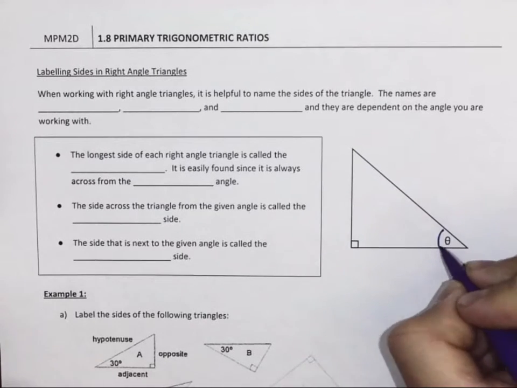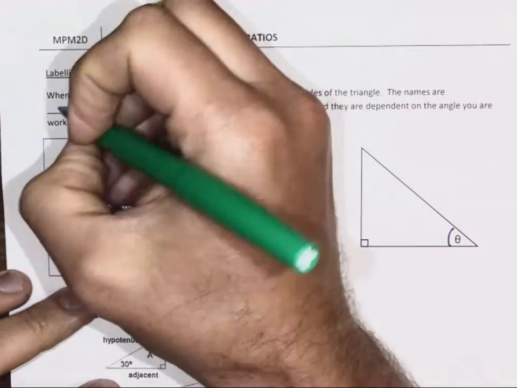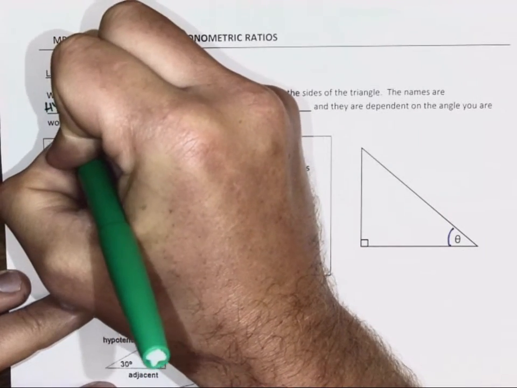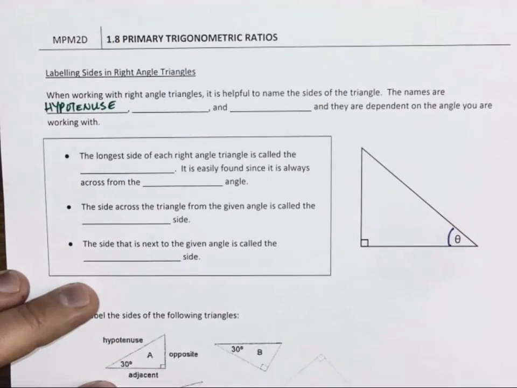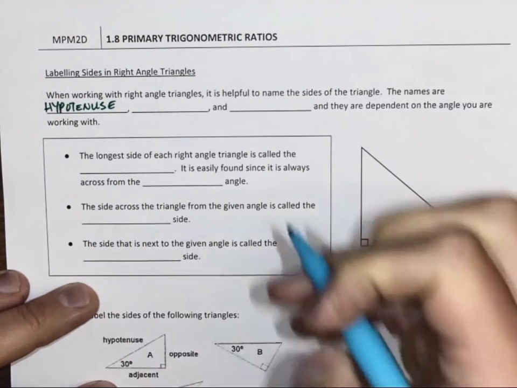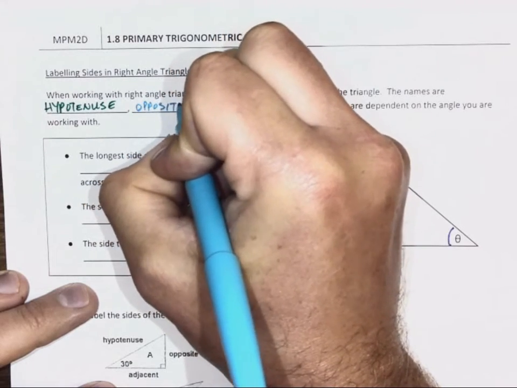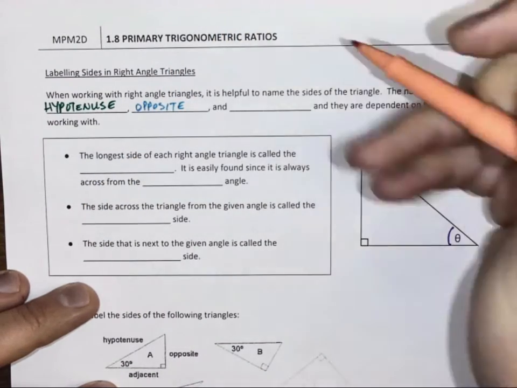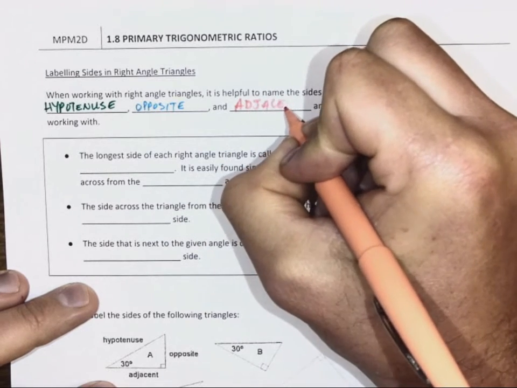So here's the corner we're going to look at, and we're going to name those sides the hypotenuse, the opposite side from the corner we're looking at, and the adjacent. That's just fancy for next to.